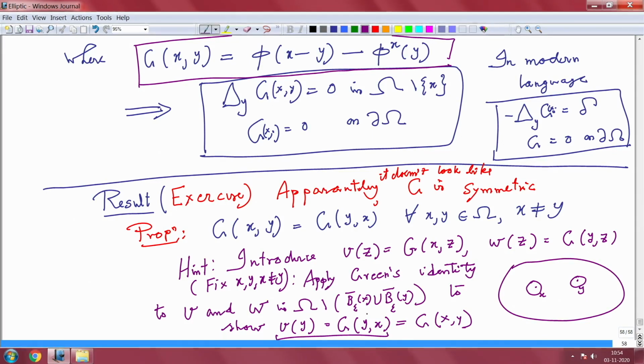Then you can also show that W of x is equal to G(x,y), so it is also equal to W of x. So, you can get all your results.